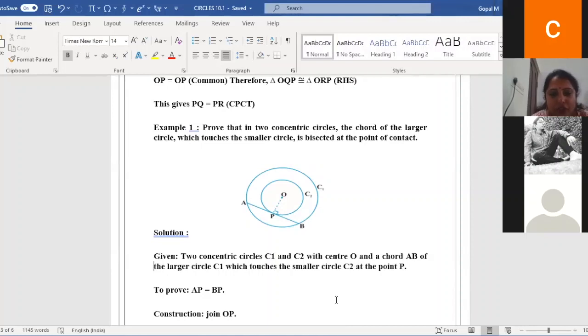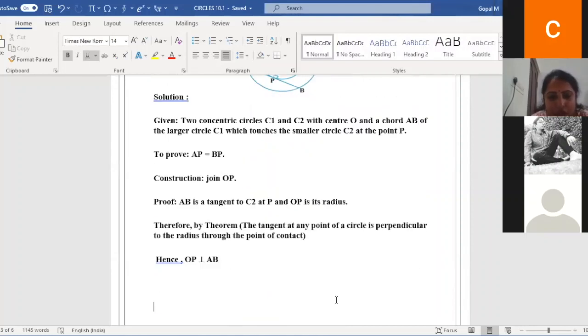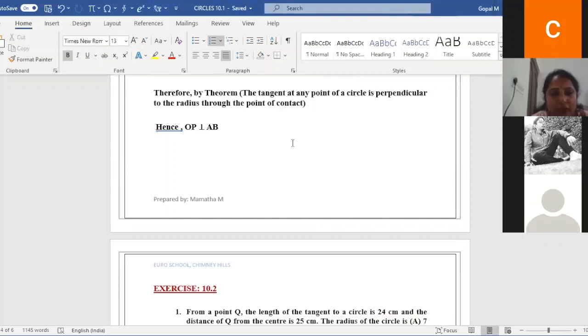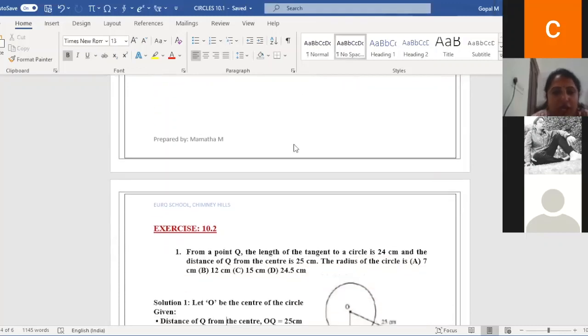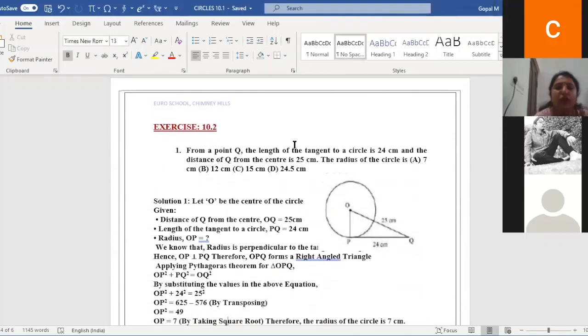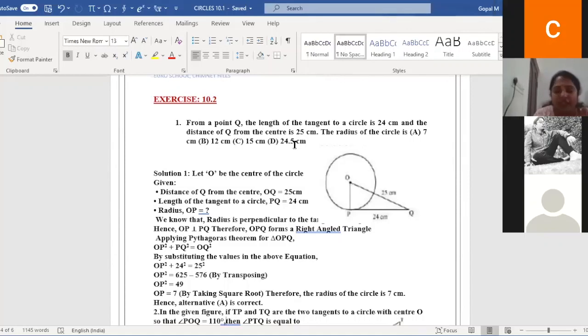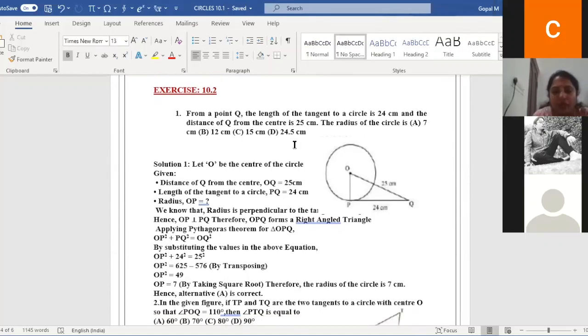We'll go for the next one, children. Exercise 10.2. I think I missed a few points here. I'll just check it and let you know. Next, exercise 10.2.